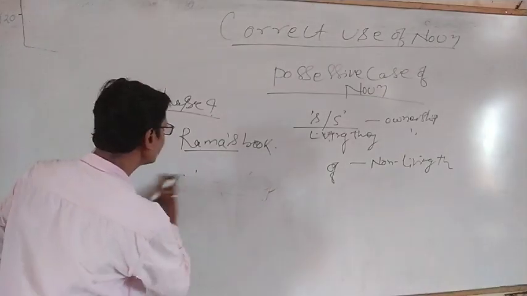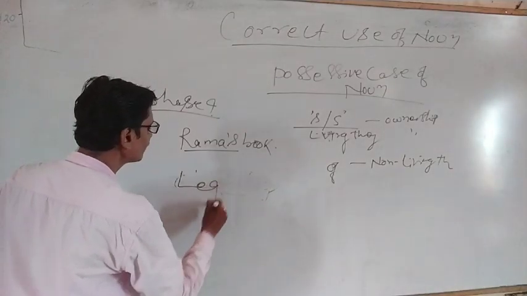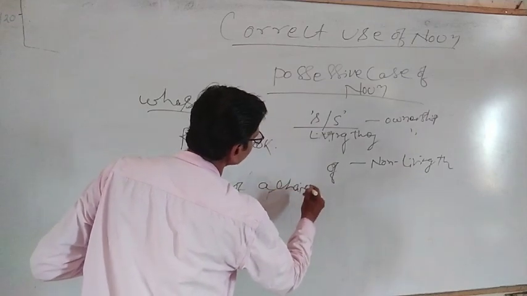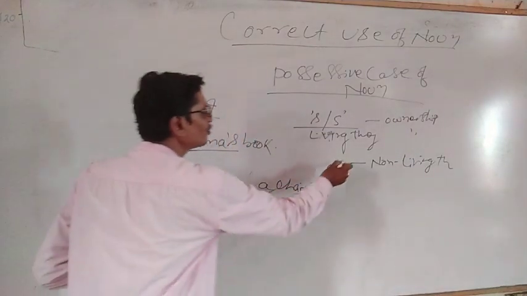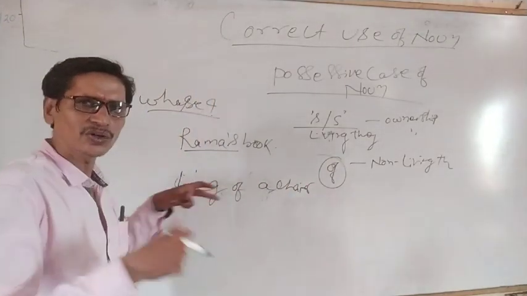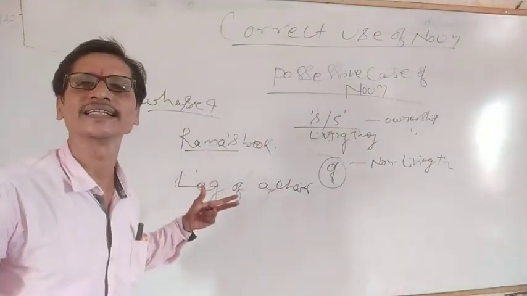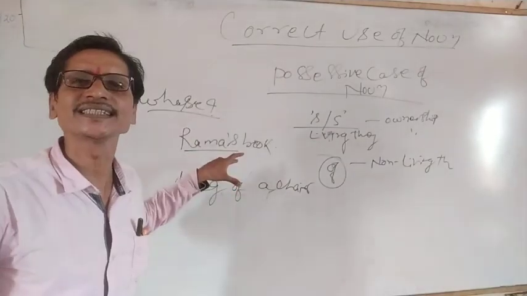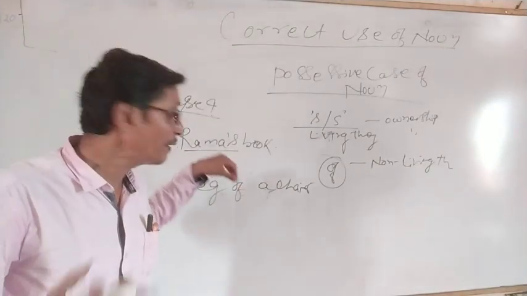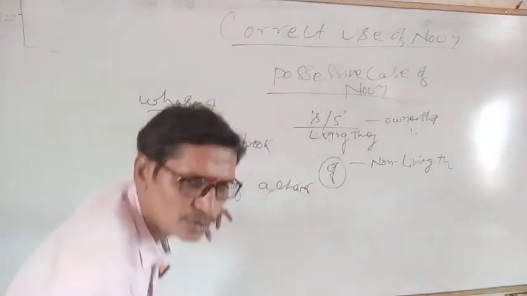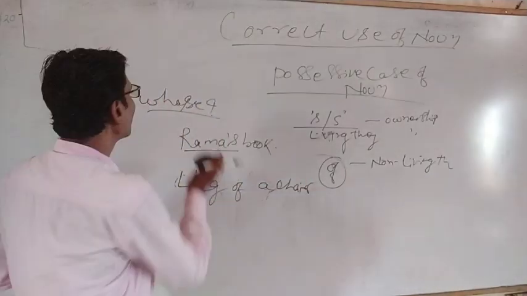We can write the leg of a chair. So we have used of to talk about the ownership of a non-living thing. This much we discussed earlier.